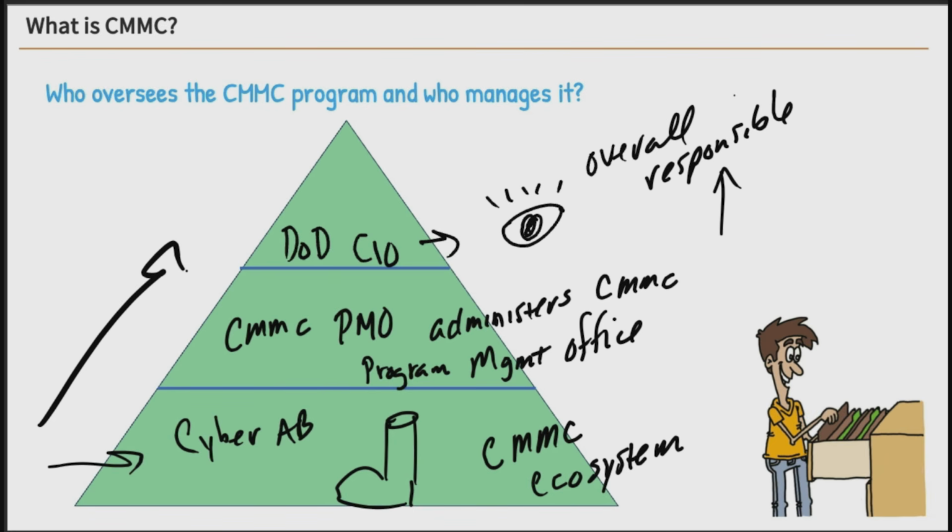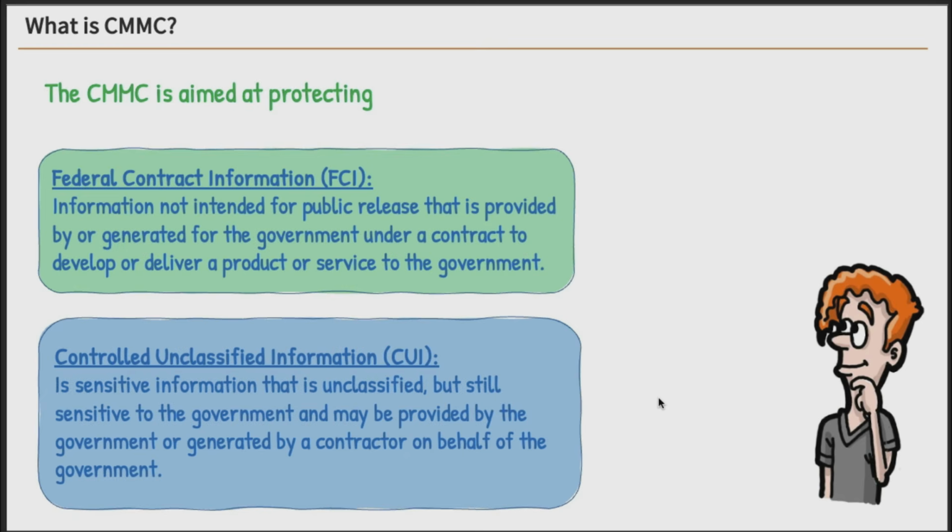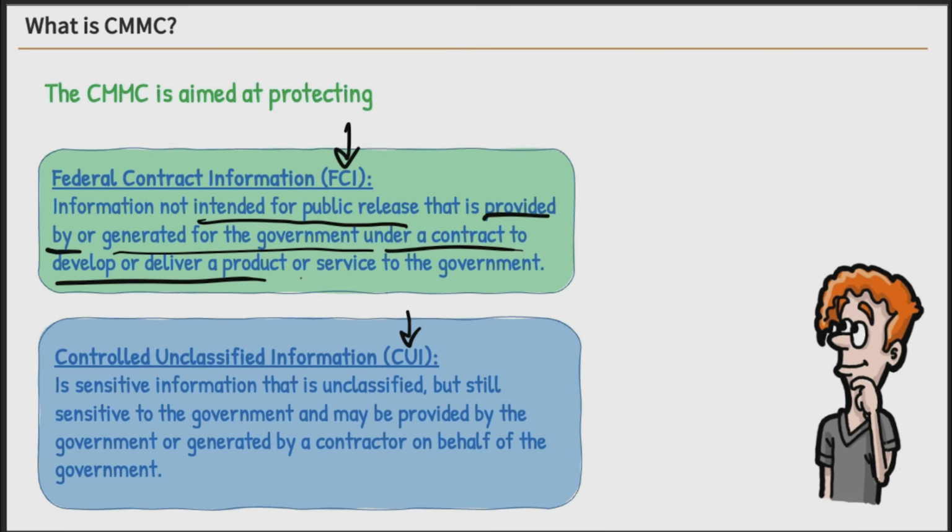So now let's talk about what CMMC focuses on protecting. It's aimed at protecting two specific types of data, FCI and CUI. Now, FCI, let's talk about these, is information that is really not intended for public release. It's provided by or generated for the government, and it's under a contract to develop or deliver a product or service.